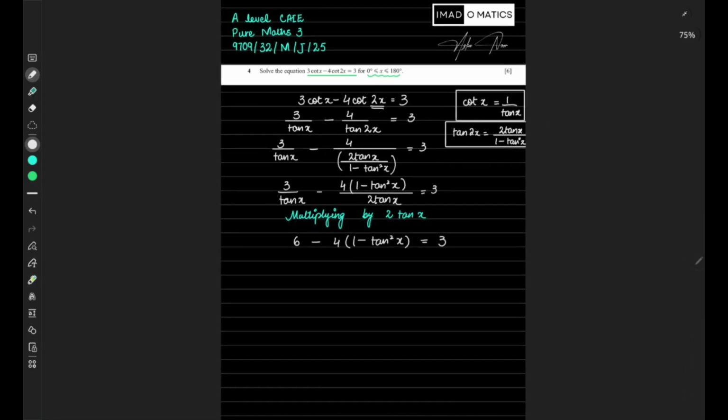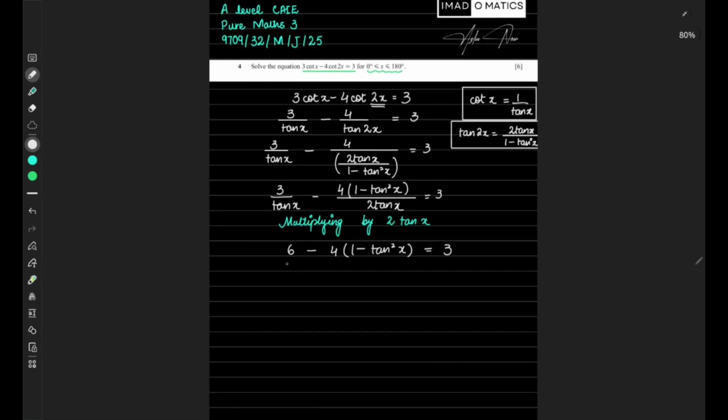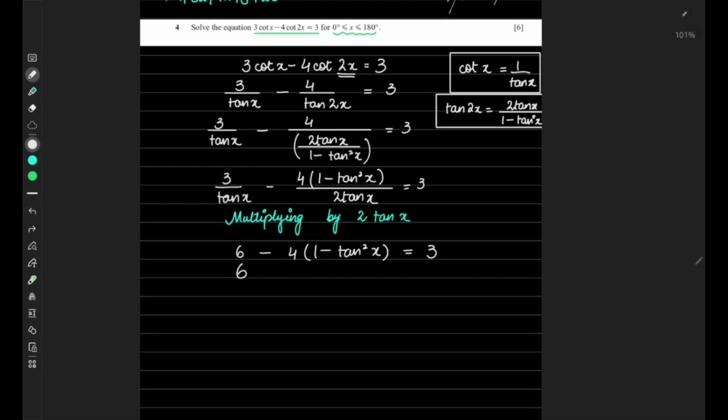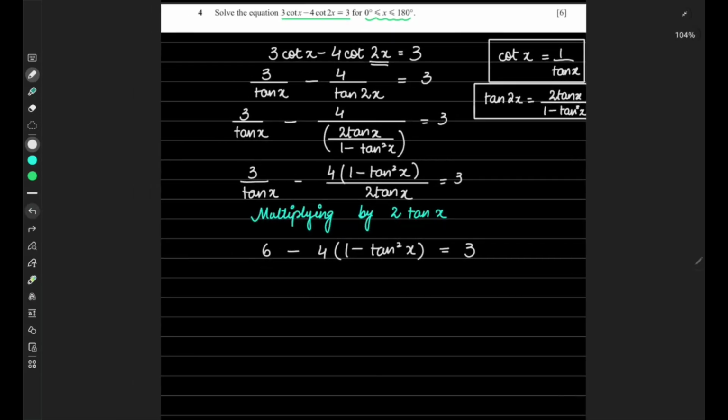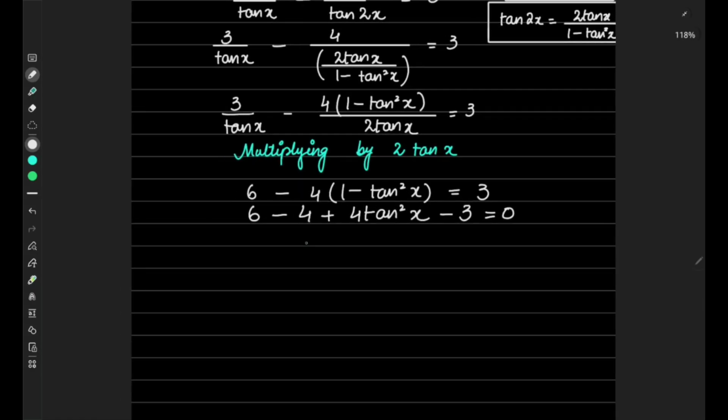Further simplifying this, 6 minus 4 plus 4 tan square x minus 3 equals 0.